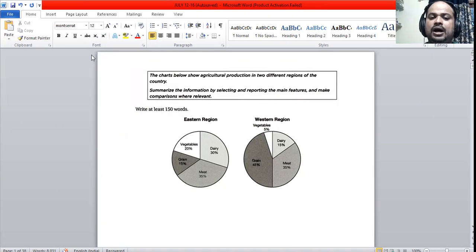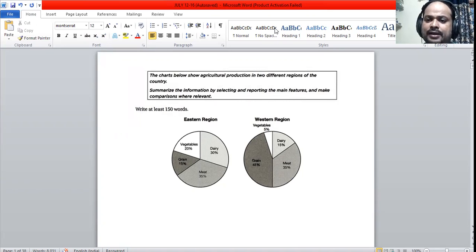In the first chart, we can see the agricultural production of the eastern region. In chart 2, you can see the agricultural production of the western region. It's given in percentages.